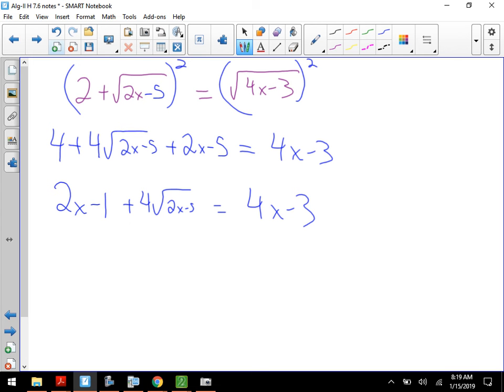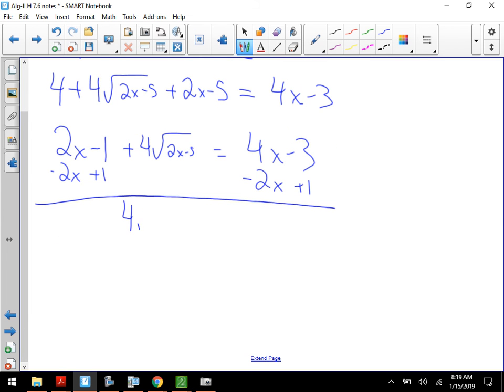Let's move the 2x minus 1 to the right. How do I move it? Well, I have to subtract the 2x and add the 1. So far, divide by 4.